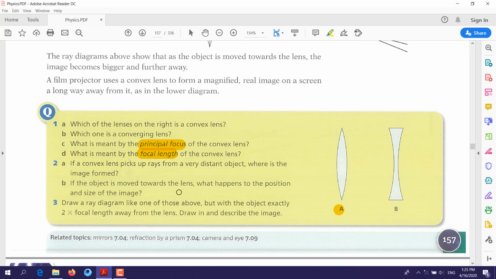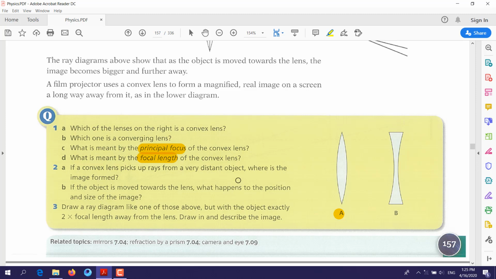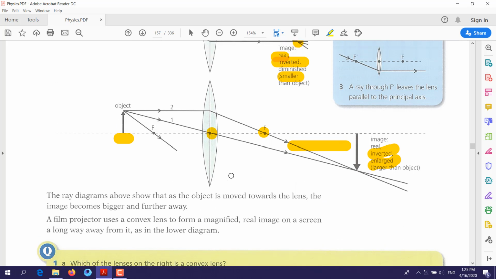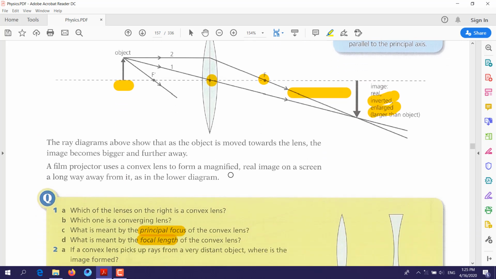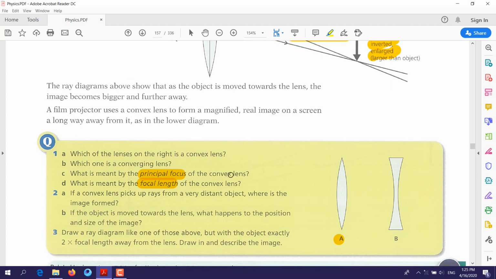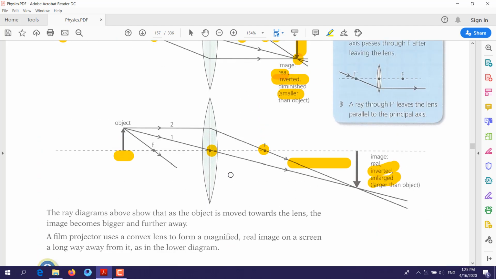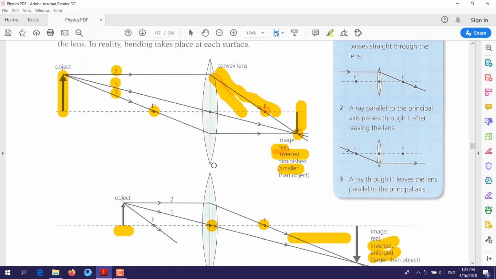If the object is moved toward the lens, what happens to the position and size of the image? If you come back to here, it says if the object is moved toward the lens. So here, what happened?